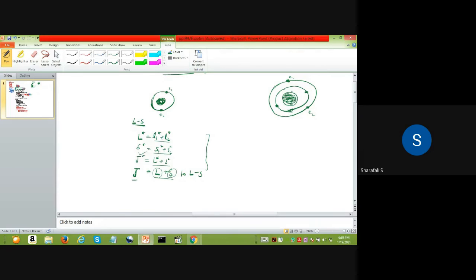We have outermost two electrons, as you can see from this model. In this particular case, the spin orbit coupling of each electron is larger than the orbital and spin interaction.